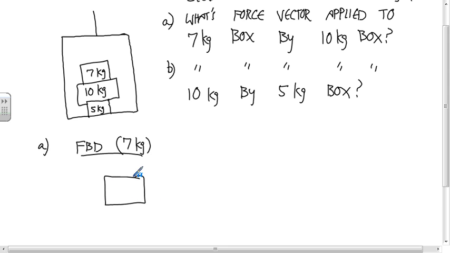So there's the object. There's weight acting on it. That's 7 times 9.81. Oh, yes, thanks, 7 times 9.81 is 68.67. And the only place that an outside object is touching the boundary is down here, and that's the force vector applied to the 7 kilogram box by the 10.